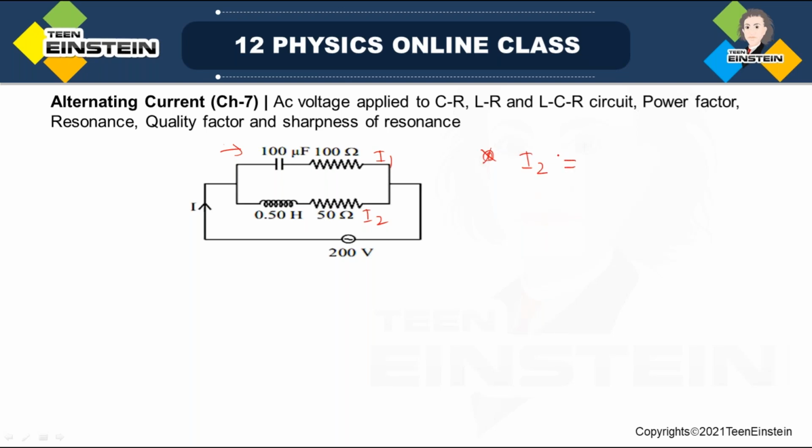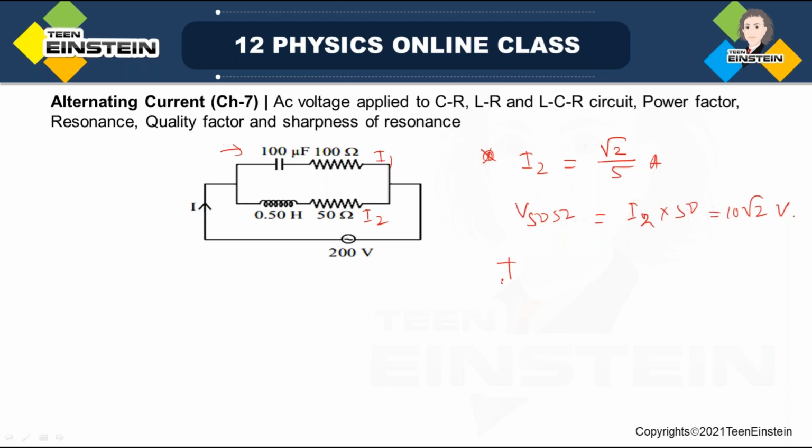I'm directly writing I2, and V across the 50 ohm is I2 into 50. That means this will again be 10 root 2 volt, because both branches will be the same.